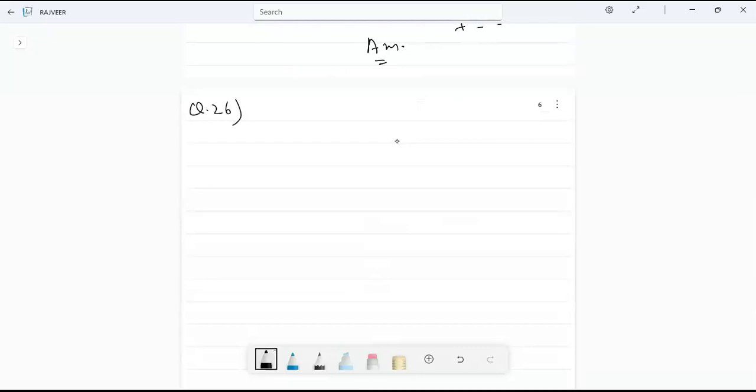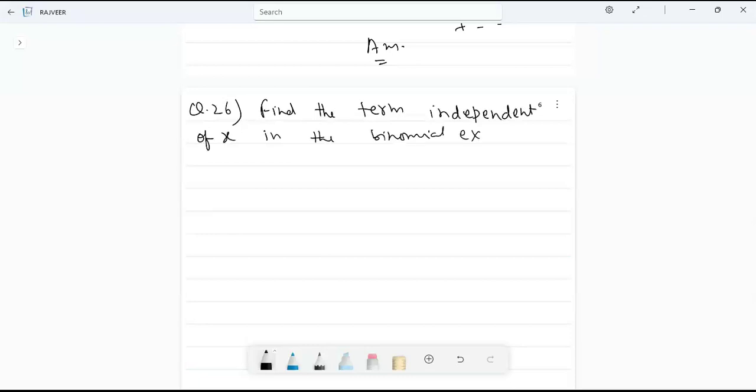Question 26 is: find the term independent of x in the binomial expansion of (4x cube minus 1 over 2x) to the power 8, x does not equal 0. This is the question.